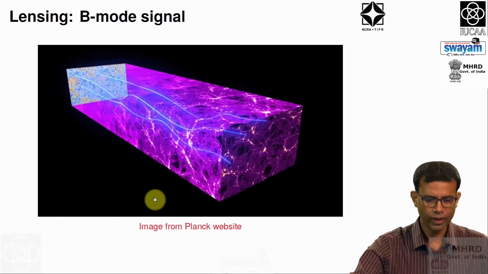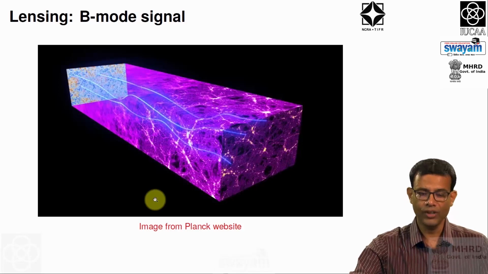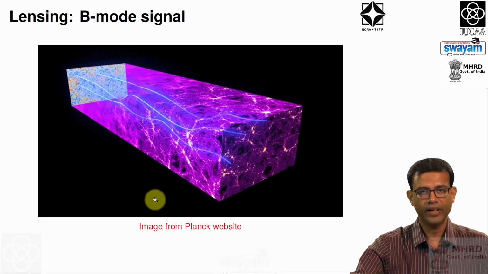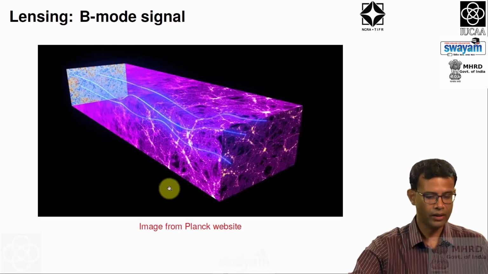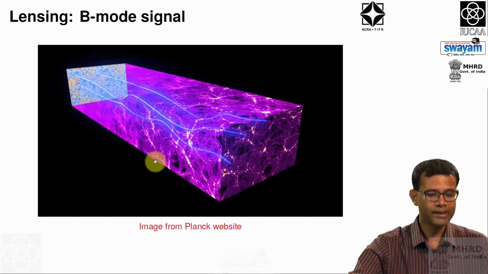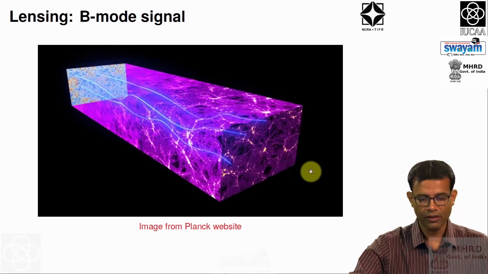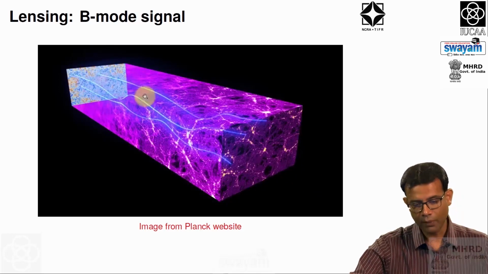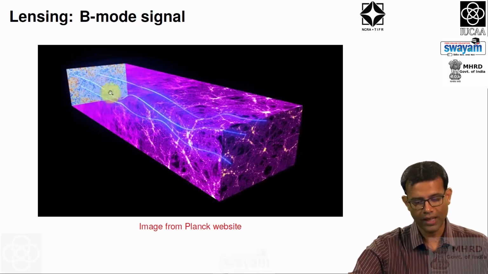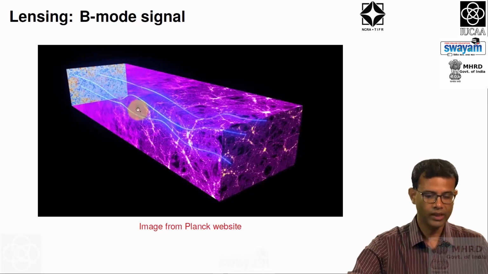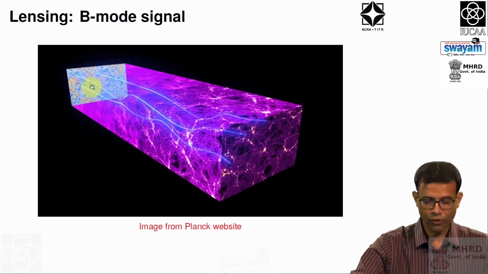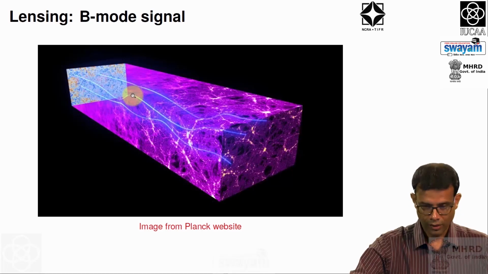Okay. The B mode signal can arise from other effects as well. For example, secondary effects which have to do with lensing of the CMBR signal. So, imagine there is a CMBR sky and we are observing here, but the photons are passing through the cosmic web, the large scale structure, all these potentials, and as the photons pass through these gravitational potentials, the photons bend.